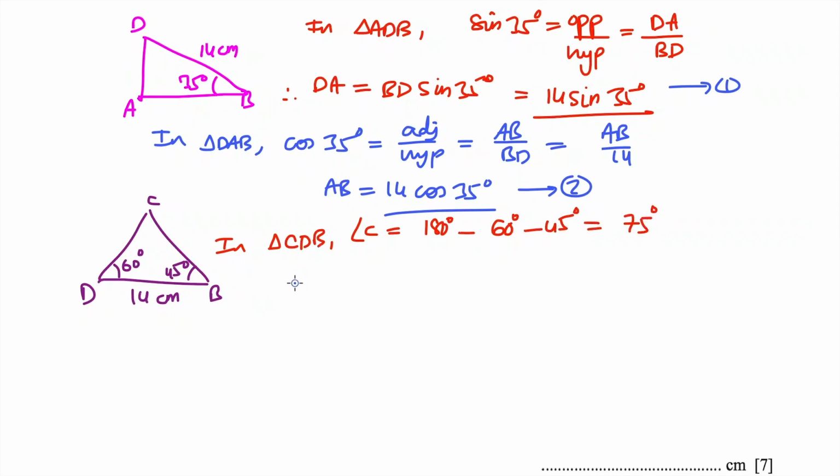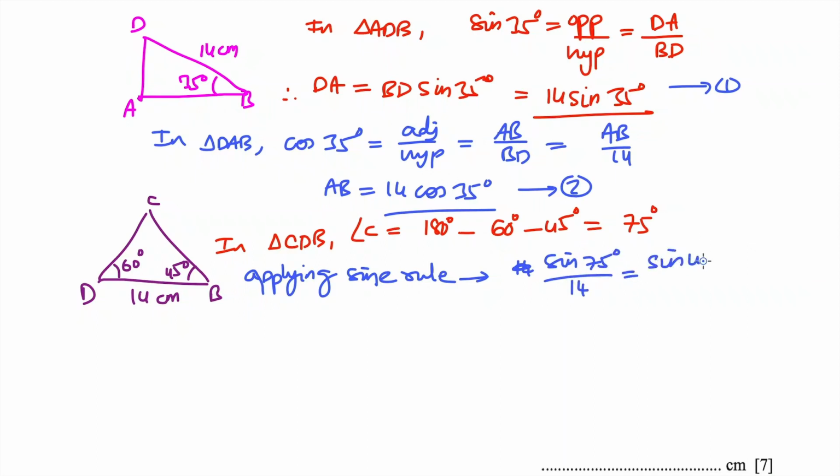Now applying the sine rule, what can I say? Sine 75 degrees by 14 is equal to sine 45 degrees divided by CD, that would be equal to sine 60 degrees divided by BC, opposite sides.